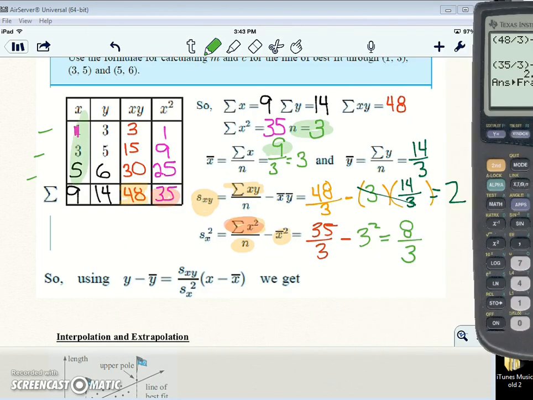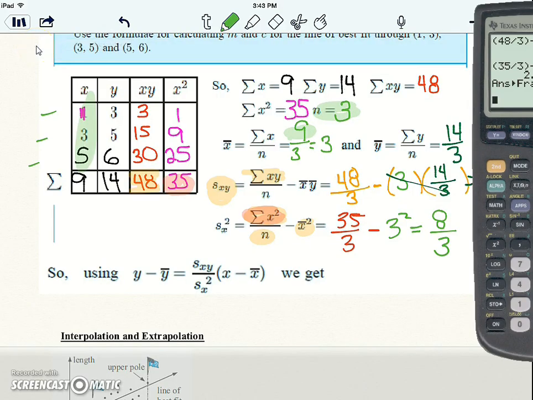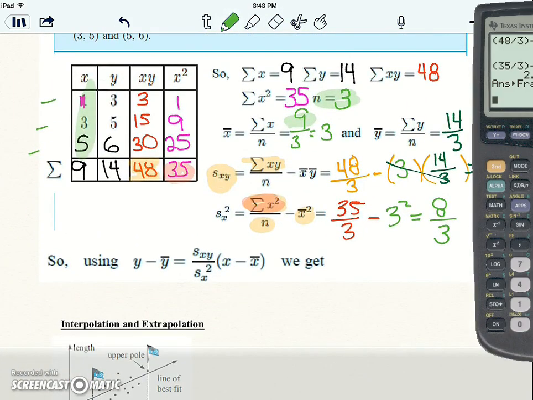Let me move this out of the way. Full screen. Okay. So lastly now though, we're going to use our formula, and our formula is just plugging in everything that we've just gotten. So our formula says we have y minus x bar, or excuse me, y bar.